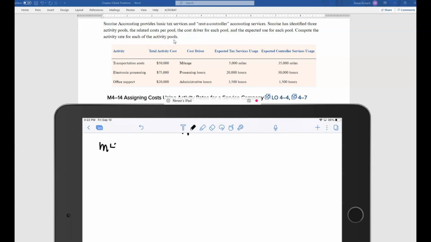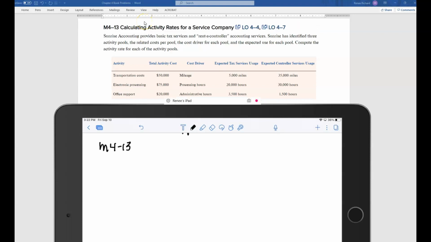So M4-13, let's do transportation first. Total estimated activity, 50,000, divided by the total estimated use of 5,000.